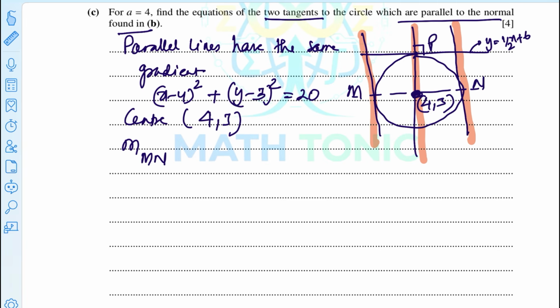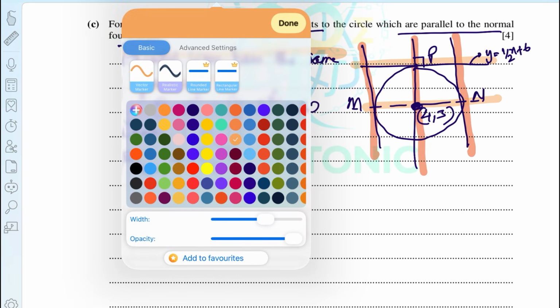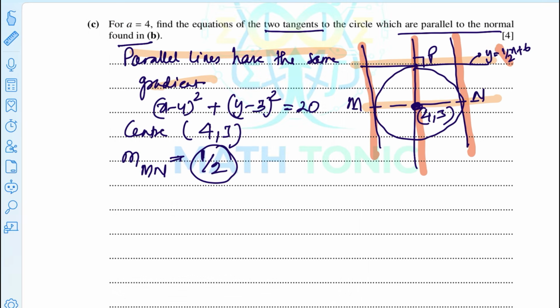So the gradient of MN equals what? Half. It is half, right? Why? Because this line and this line, both lines are parallel. So if they're parallel, the gradient will be exactly the same. That's why I've written here, this one is given half, this one is given half, right? That means here also the gradient should be half because they are parallel.